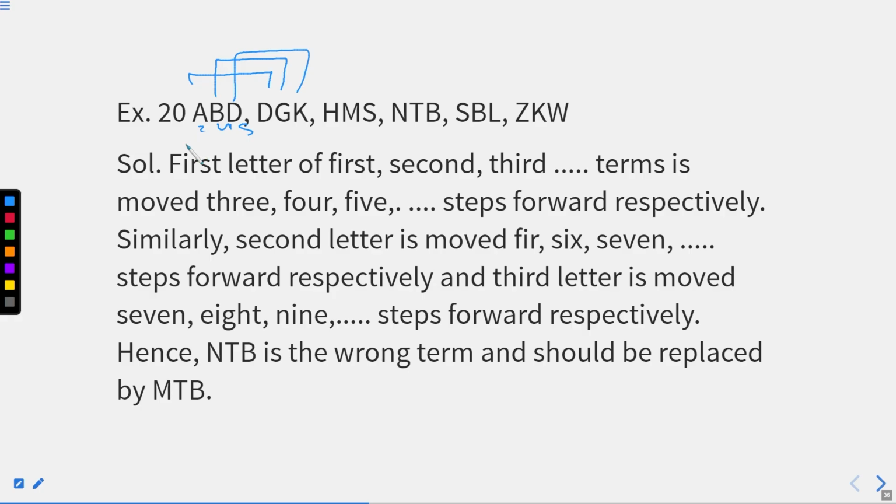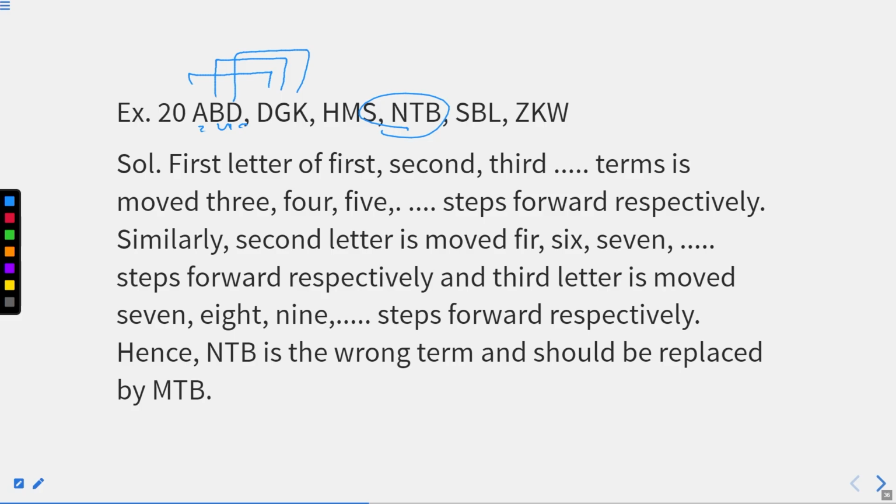So if we add 3 in A, we are getting D. In a similar manner, if we are using the same pattern, hence the term NTB is a wrong term. Why?